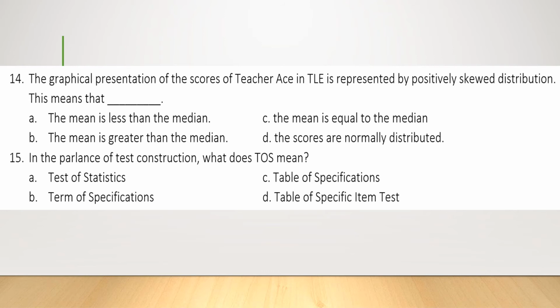So, example, you're constructing a test, a 40-item test. Objective 1, makita niyo siya sa number 10 o number 15. So, gi-specify dito pila ka test items per objective, per lesson objective. So, TOS stands for Table of Specifications.